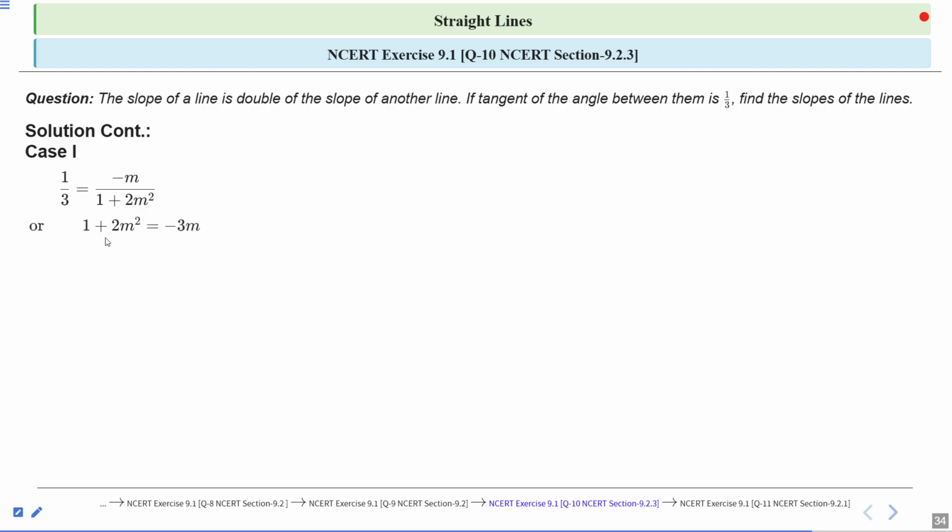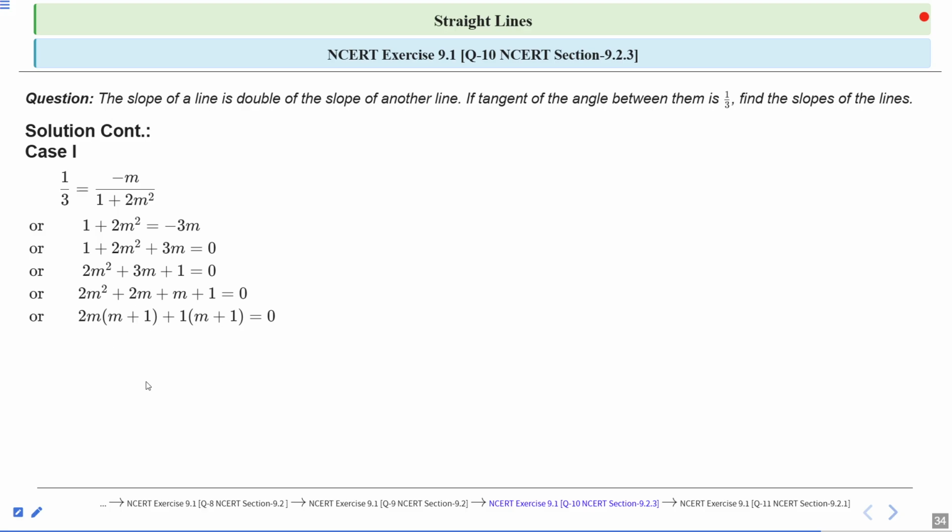Solving this, we get 1 plus 2m square equals minus 3m, or 2m square plus 3m plus 1 equals 0. We can factorize this quadratic equation using middle term factoring: 2m square plus 2m plus m plus 1 equals 0, so 2m times (m plus 1) plus 1 times (m plus 1) equals 0, giving (m plus 1)(2m plus 1) equals 0.